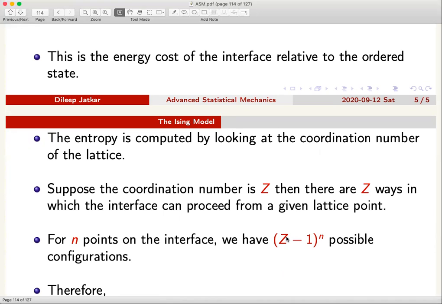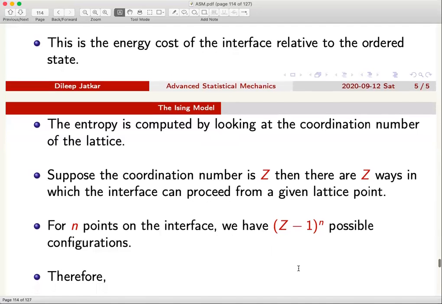Exactly. Of course there is a small correction to it, because if n is a small number and the curve has to close, then the number of possibilities is not exactly z minus 1 to the n, but there is an n-dependent correction to it. But that correction is subleading, so to leading order this is the factor that is available to us.